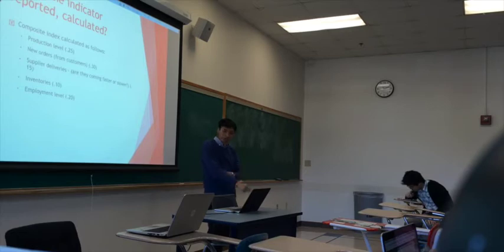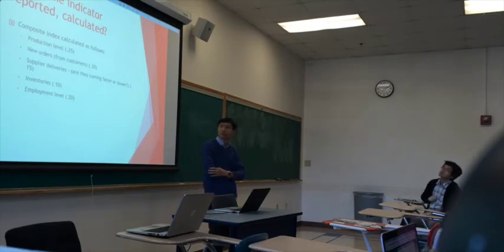What happens is there's a survey, and the market group or the ISM sends out surveys to 400 or more, depending on the size of the manufacturing sector in the country. 400 or more surveys to random managers, and they're asked questions where they can answer either below, the same, or above.